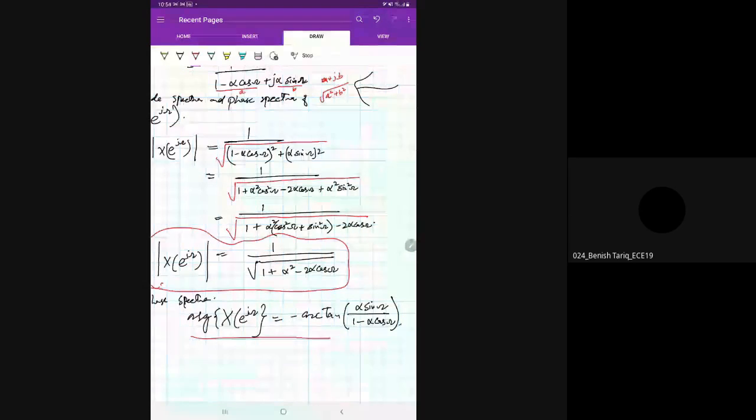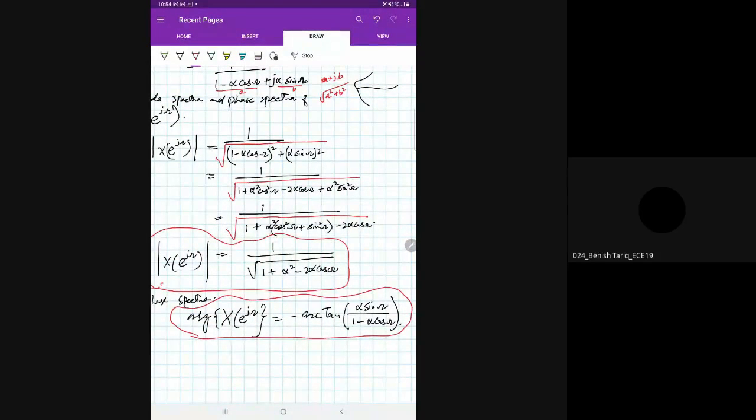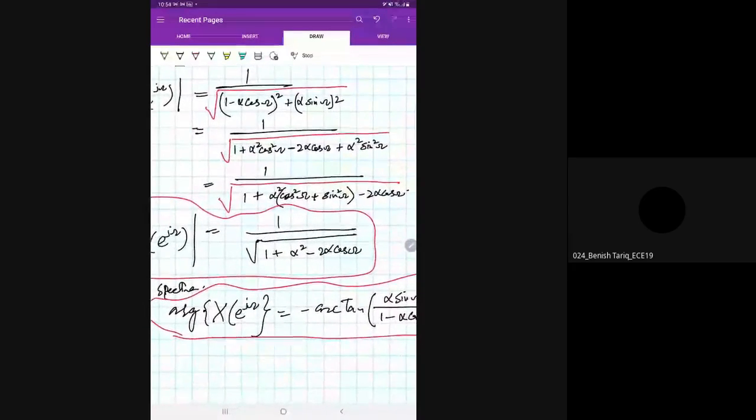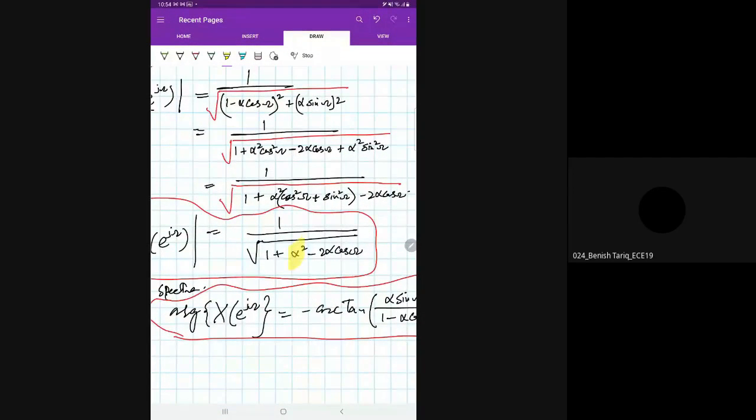ये दोनों equations जो है, एक equation देगी magnitude spectra, दूसरी देगी, the second one will give you the phase spectra. If we plot these magnitude and phase spectra, अगर हम इनको करेंगे, let us first try to plot magnitude spectra. Okay. For now see in magnitude spectra you have two variables. एक तो है आपके पास alpha, ठीक है, alpha भी एक variable है, you don't know.